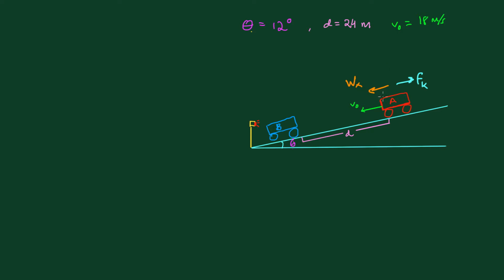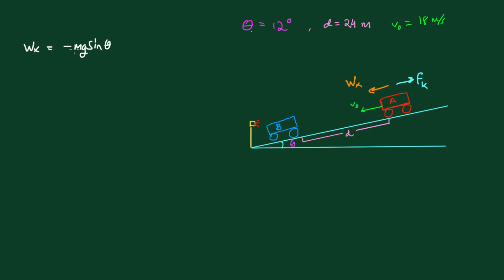Okay. Now, I'm not going to derive this, but the weight component of the car going down the hill is going to be equal to minus mg times sine of theta. So if you're familiar with decomposing the weight of an object on an inclined plane, then you should know that Wx is always equal to the component of the weight of the car, mg sine theta.